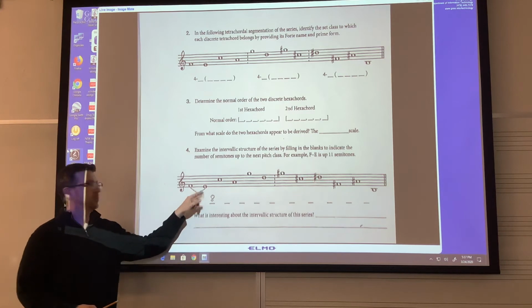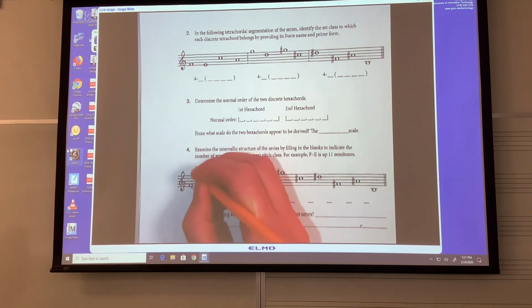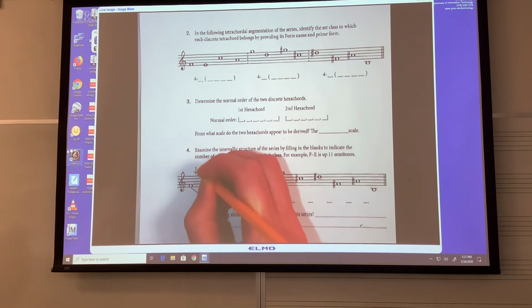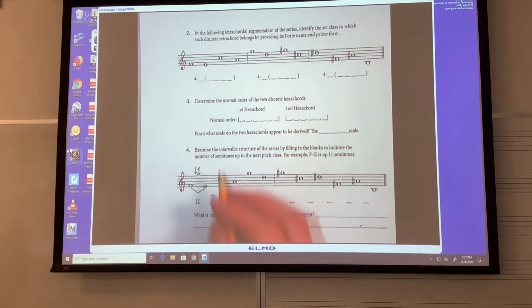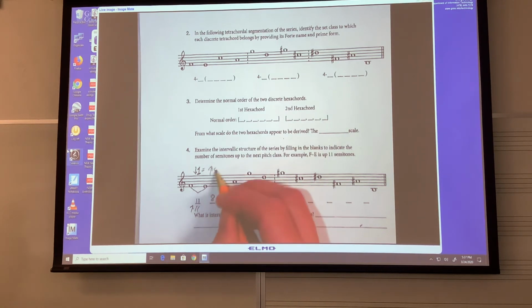So think of it this way. Down 1 equals 11 up. And here we have 8 up. This one is down 3, down a minor 3rd: 1, 2, 3 semitones.